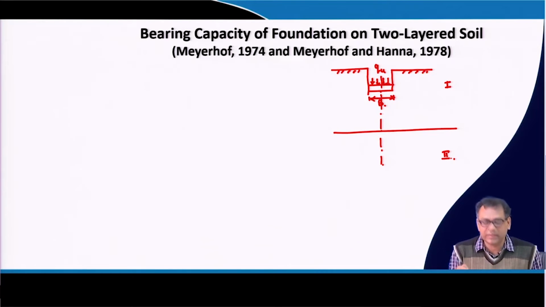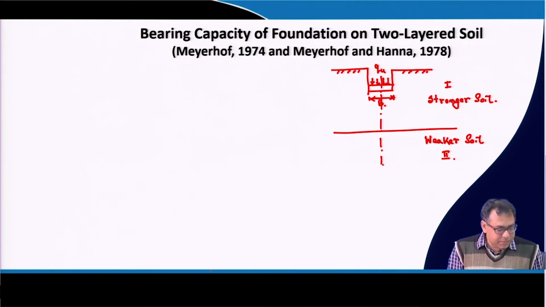But in the first case, the first layer is the stronger soil and this one is the weaker soil. So, what will happen?